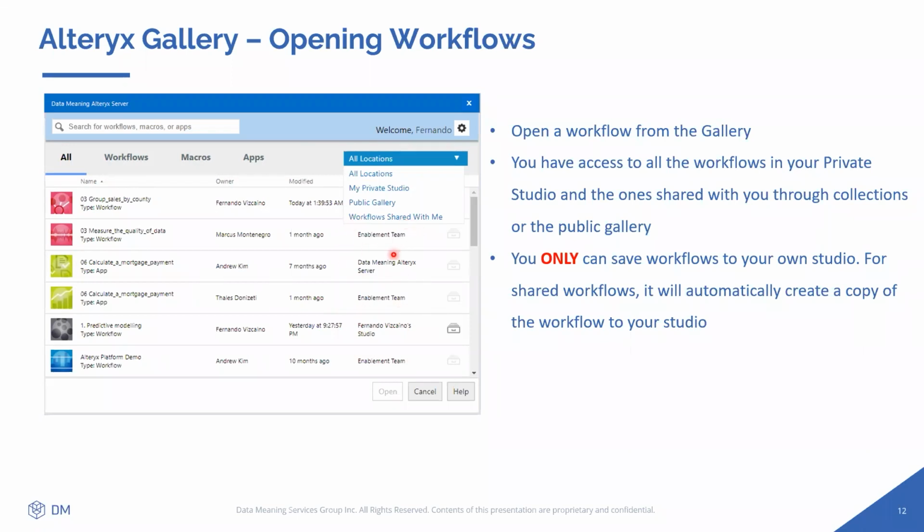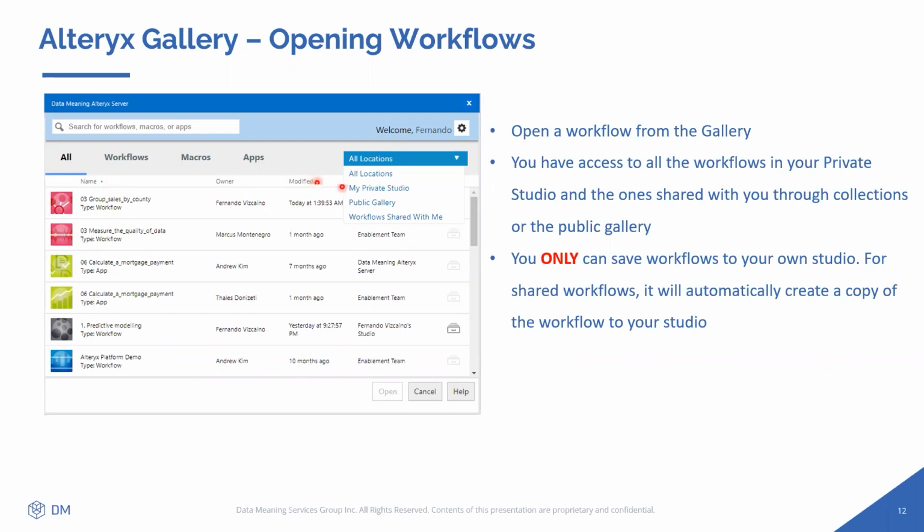I have something here from the enablement team. I have some workflows here that are public, and I have access to all of those. So everything that was shared with me, or if it's shared publicly, I'm going to be able to load using Alteryx.